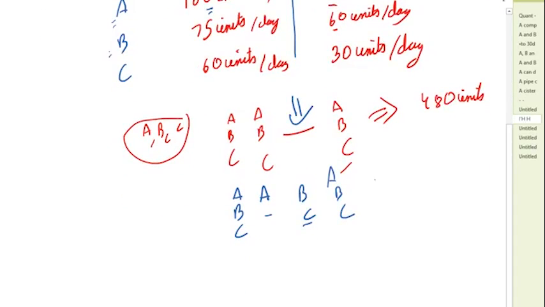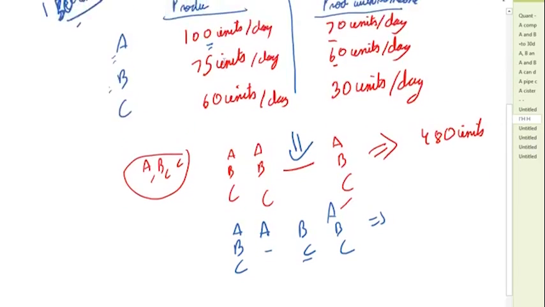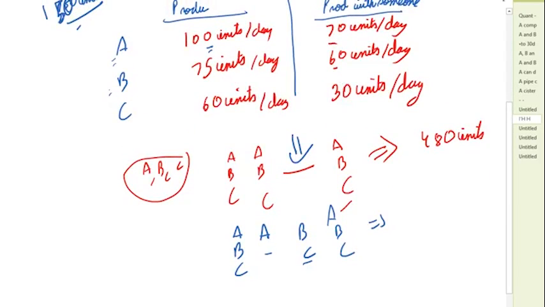If we do it this way, on the first day, since A, B, C are working together, we choose these numbers and get 160 units. Second day, A is working alone, so we get 100 units. Third day, B and C are working together, so 60 plus 30, 90.